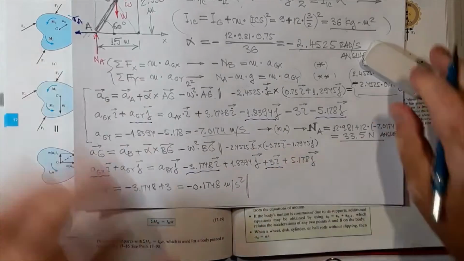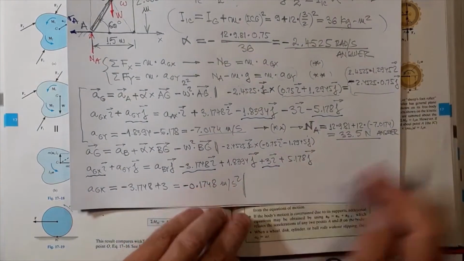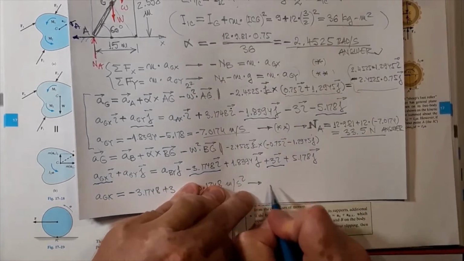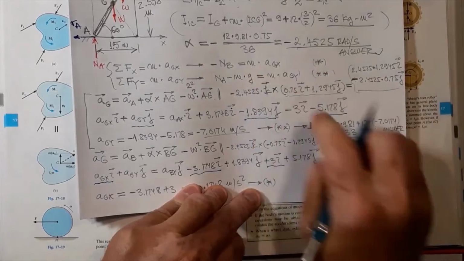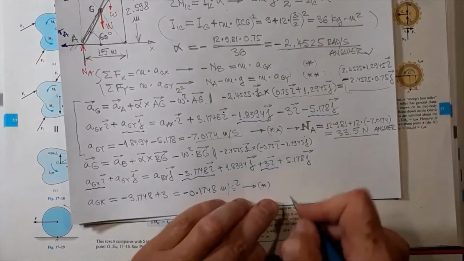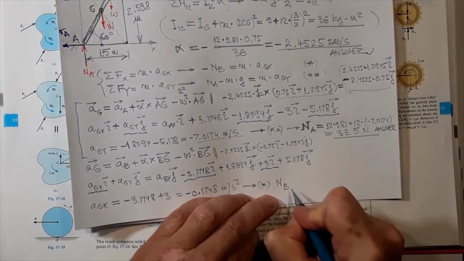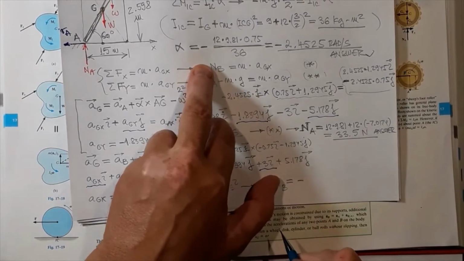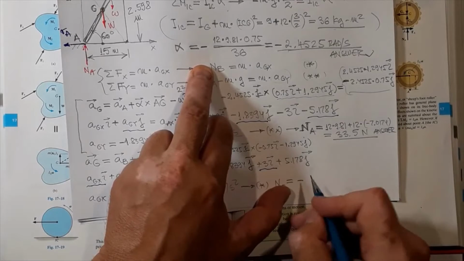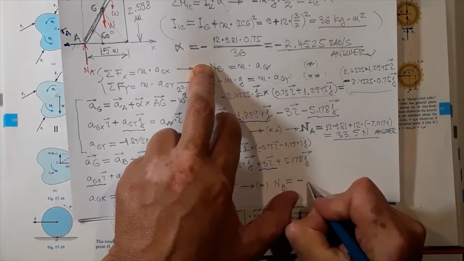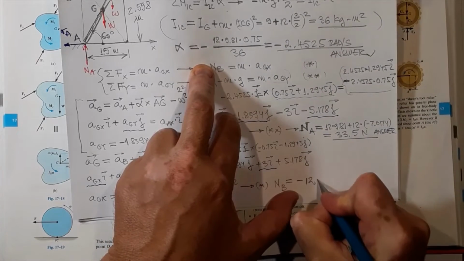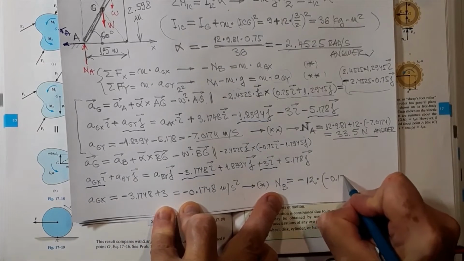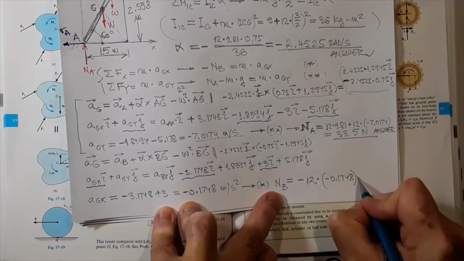Okay, so with this one now, let's take the bar off. I take it to equation 1 star above, and I can say NB equals negative, remember there's a minus in front, so I multiply by minus 1, negative m, that's 12 times the acceleration that we just calculated, negative 0.1748 meters per second squared.